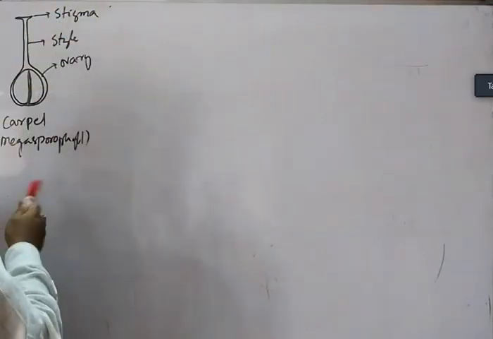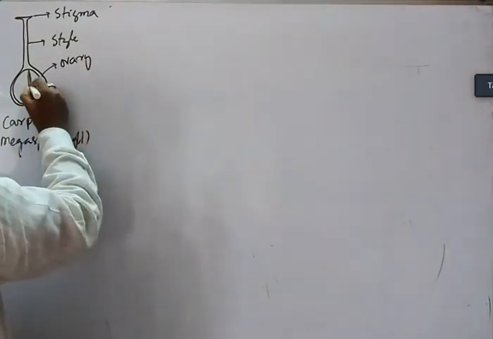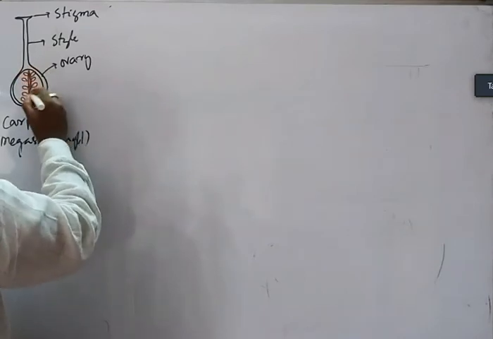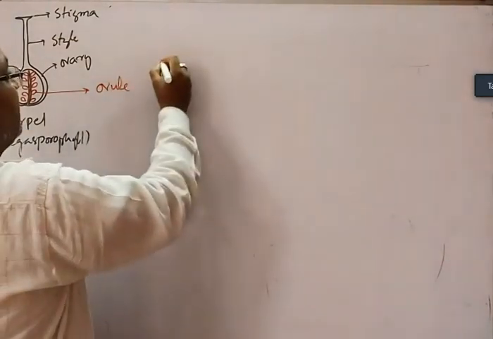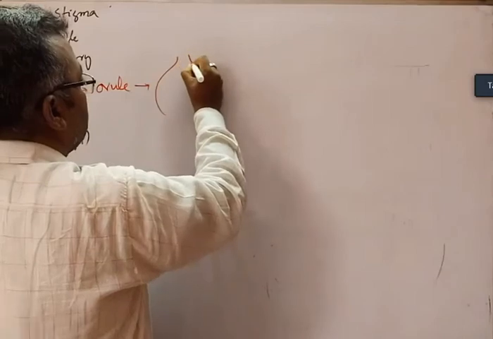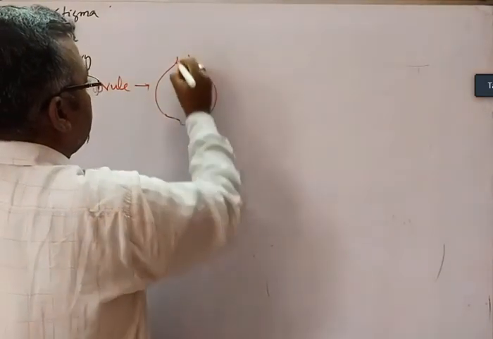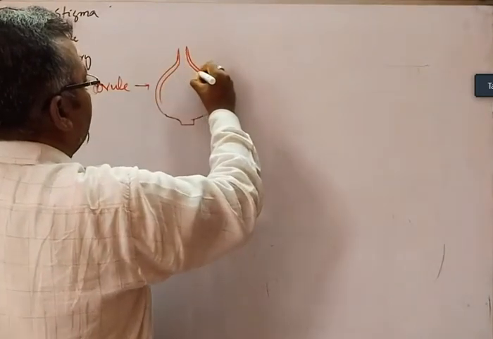The ovary encloses ovules. Now these red color structures are ovules. If you take an ovule, this is the structure of an ovule.